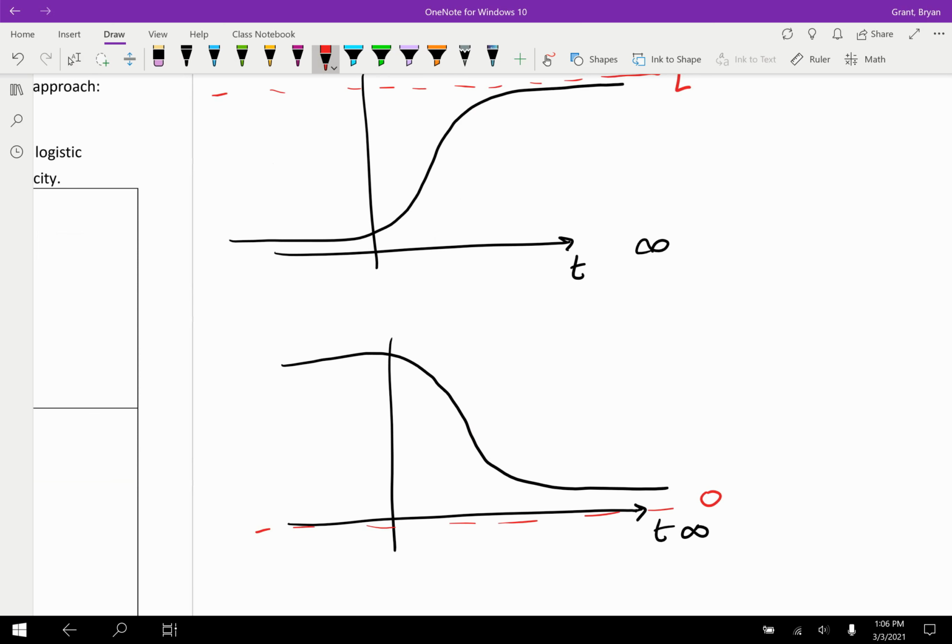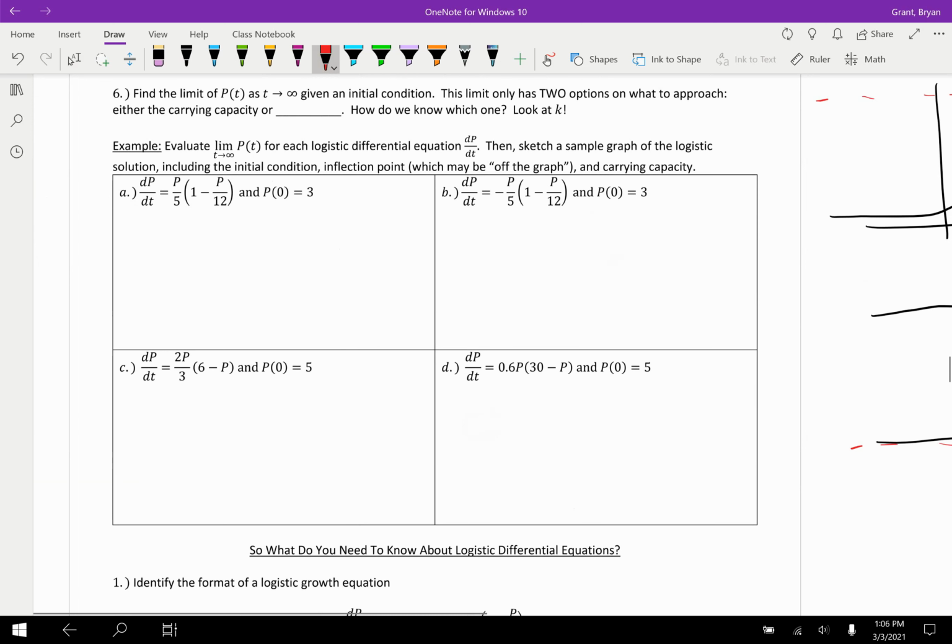That's it. Very, very straightforward here. So, let's see, the limit only has two options on what to approach, either the carrying capacity or 0. How do we know which one? Well, it's all about k. Remember that when k is positive, we show growth, that's our more common one, and when k is negative, we show decay.